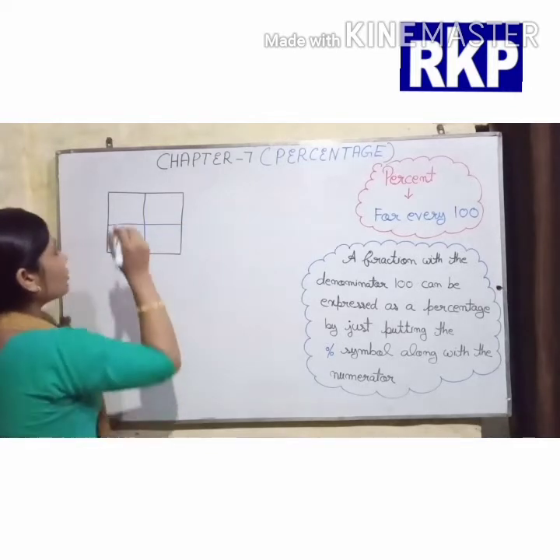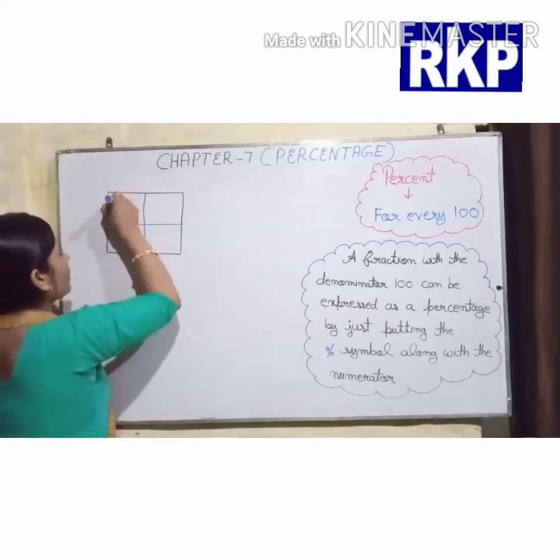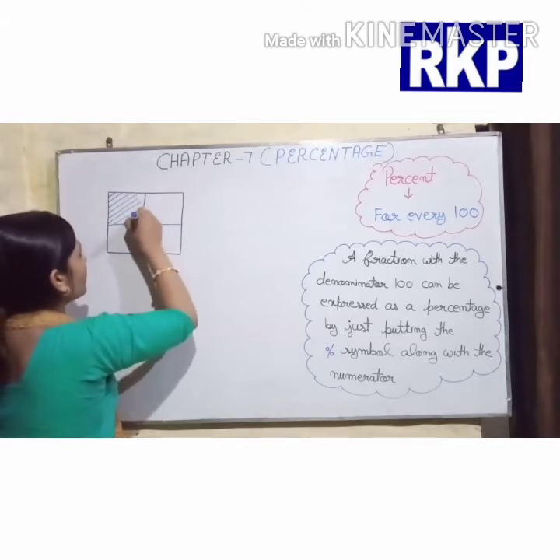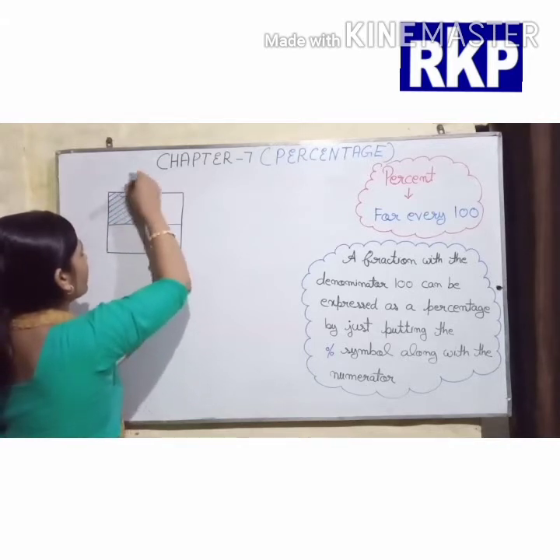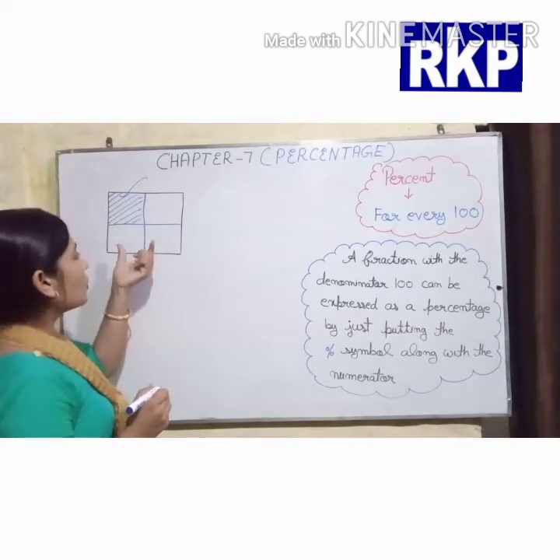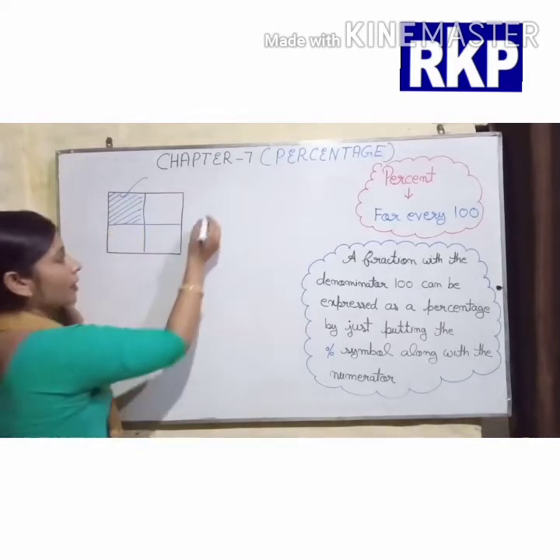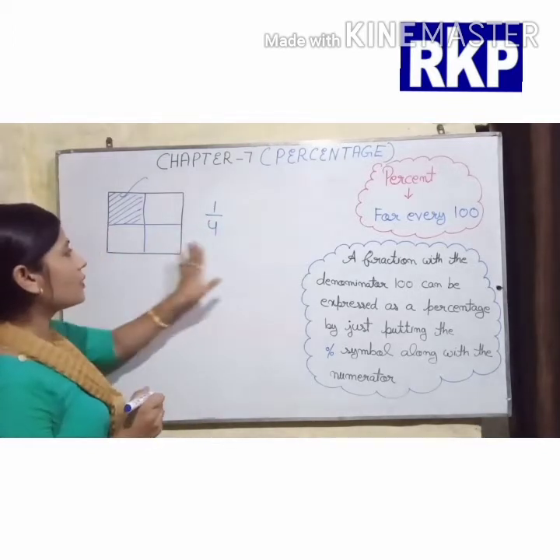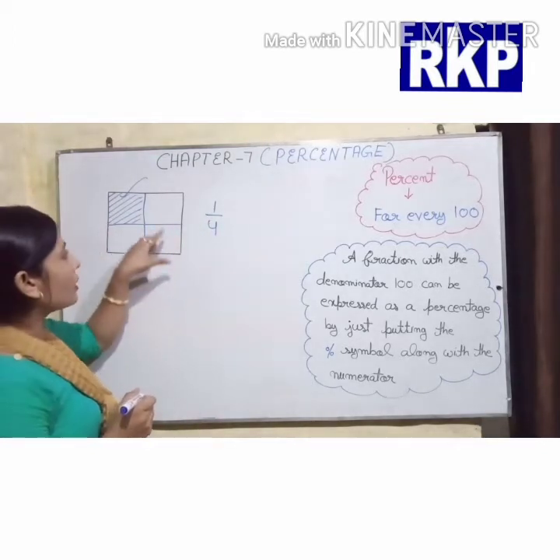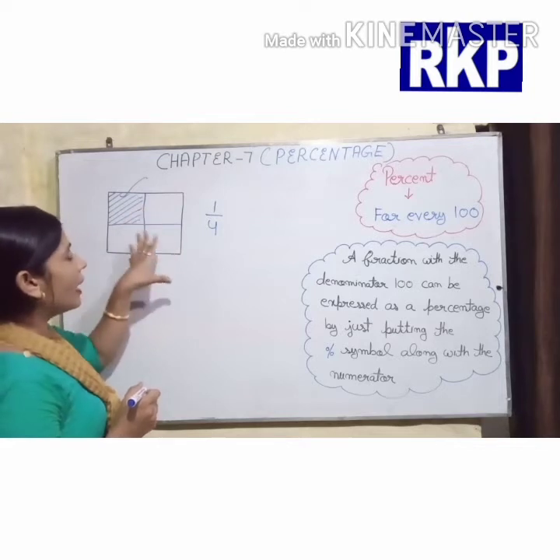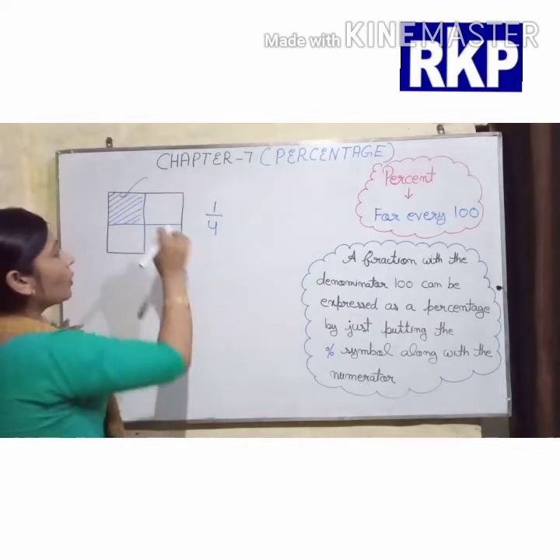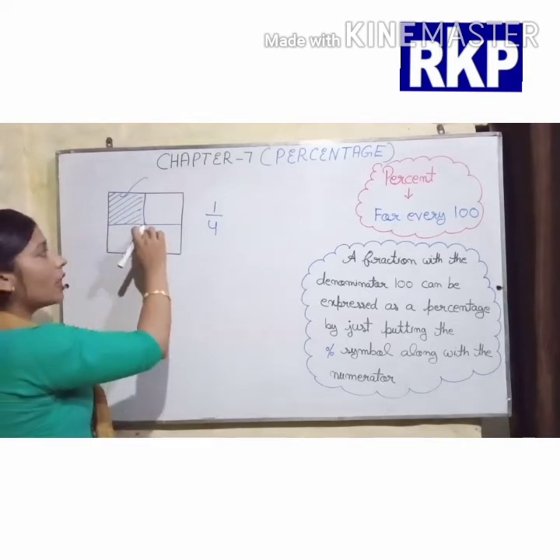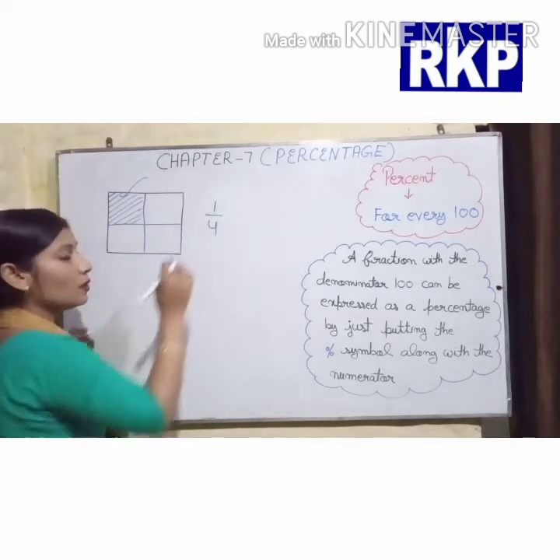You want to eat only 1/4 part, means you have to eat only this part. So what is the fraction for this part? 1/4 will be the fraction, because here we have a total of 4 parts and you are eating only one part. So 1 out of 4 is equal to 1/4.